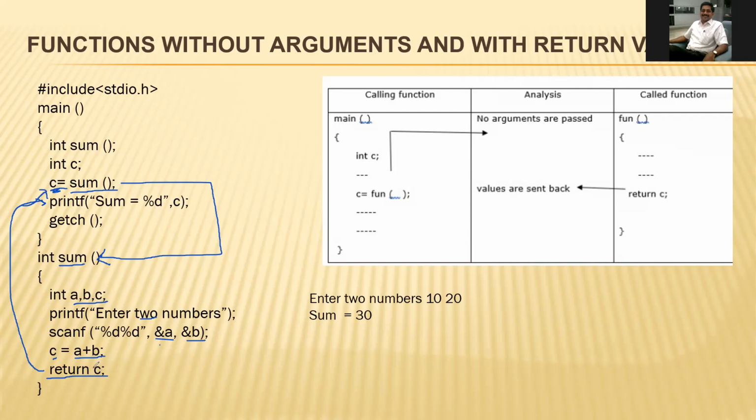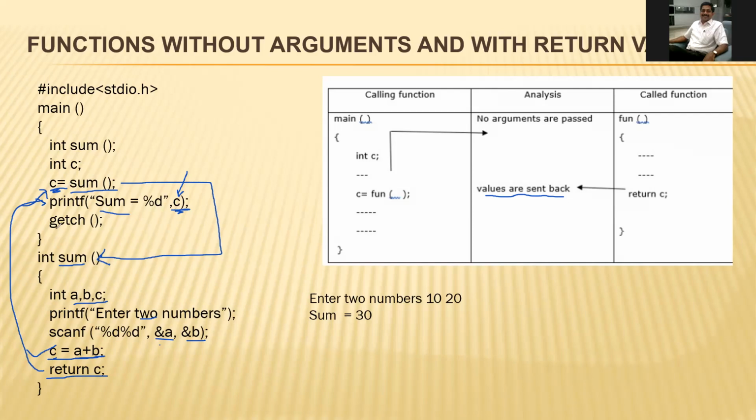Now with return c, the calculated value of c is sent back to the calling function, and printf will print the sum with c. This c is calculated inside the sum function. Here it is calculated, and we have returned the value to the calling function.